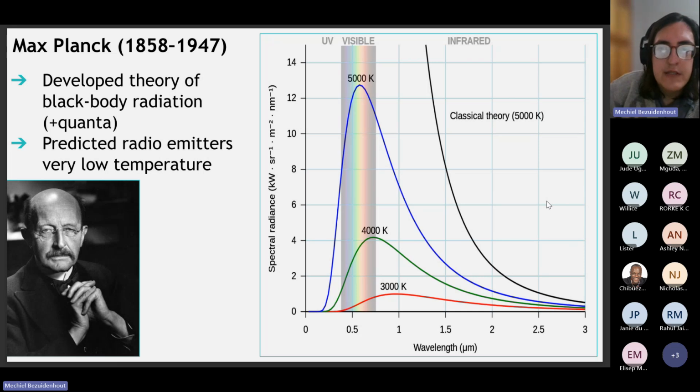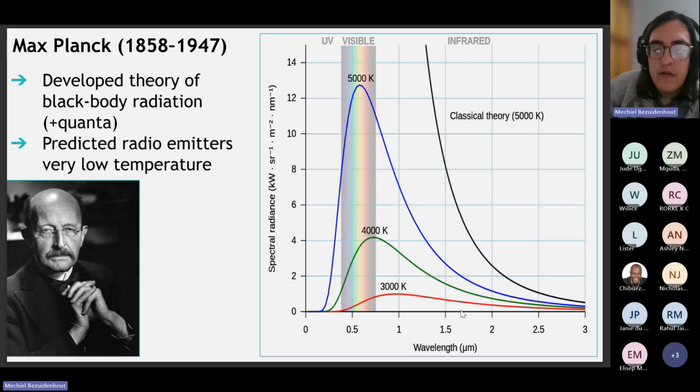And according to his Planck distribution, he showed that the distribution of spectral radiance according to wavelength displays this kind of bell-shaped curve, as you can see in the plot, with the peak of it changing depending on the temperature of the black body emitter.